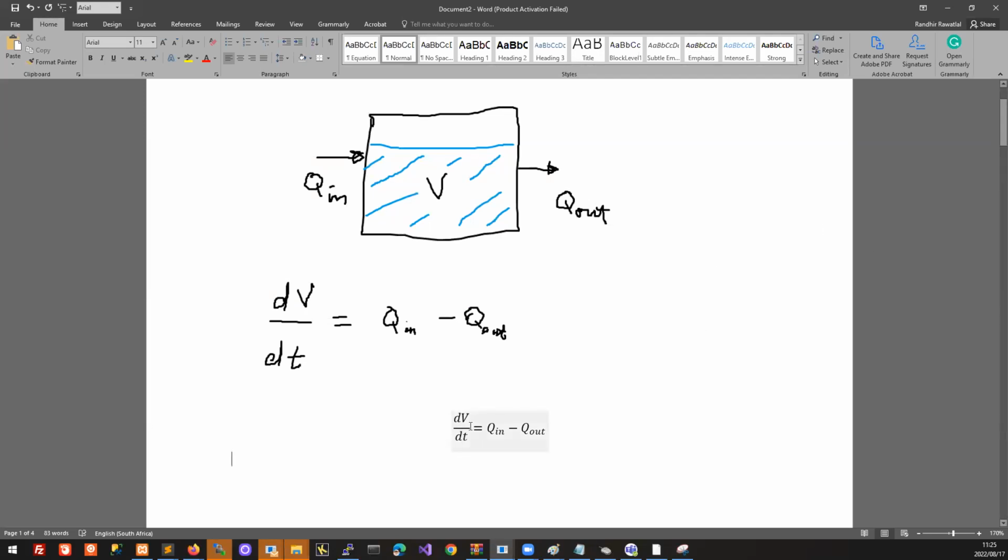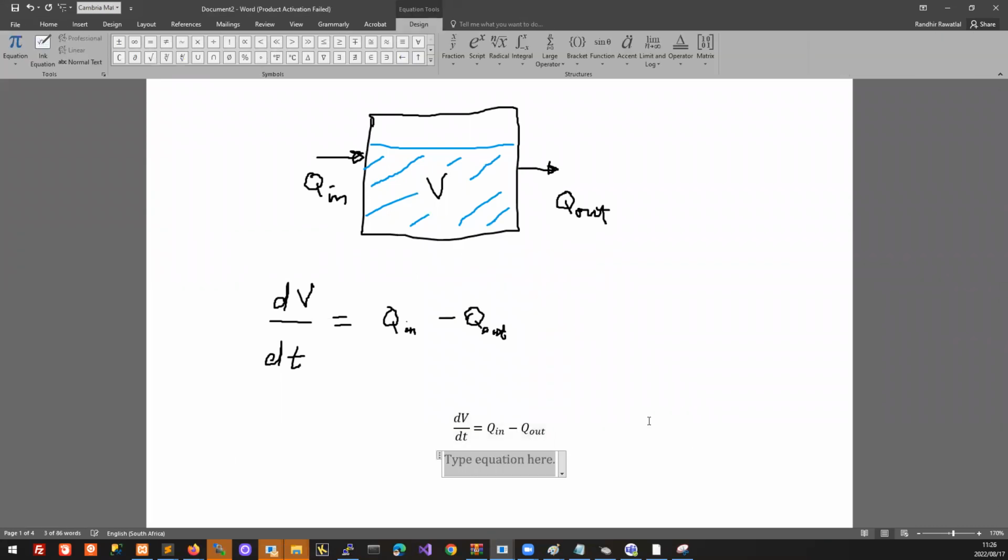Now, this is an expression of the change in our system. It's telling us how things are changing. In its form as it is, it's not going to tell us what the volume is currently. Without integrating this, we won't get V of t, right? This is actually what we want to know. We want to know how the volume is changing with time in this vessel.